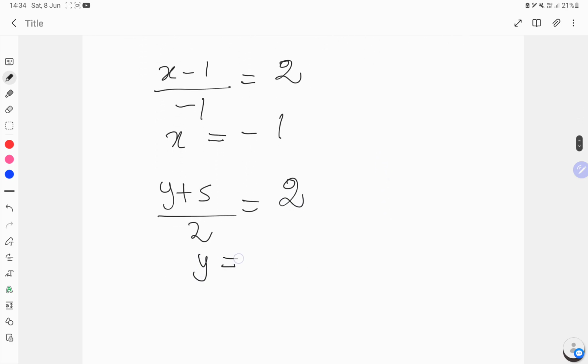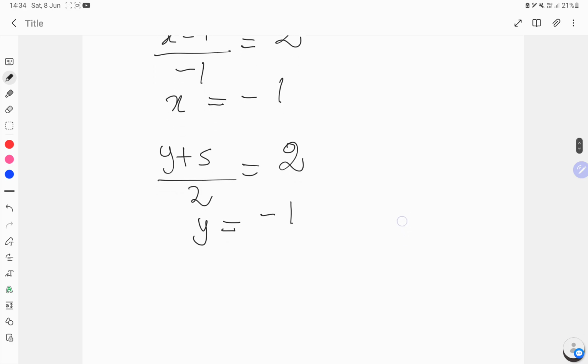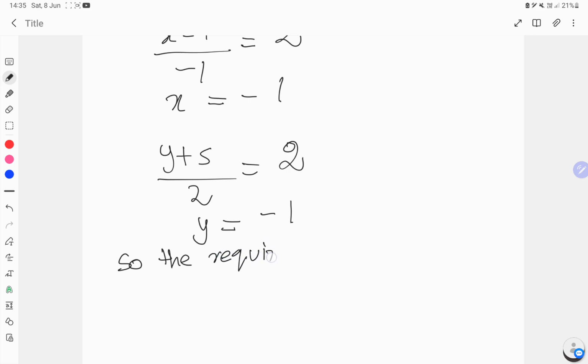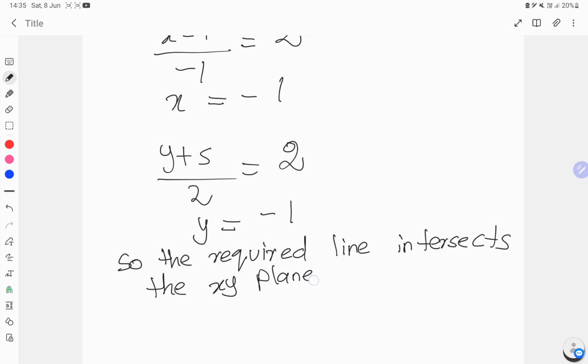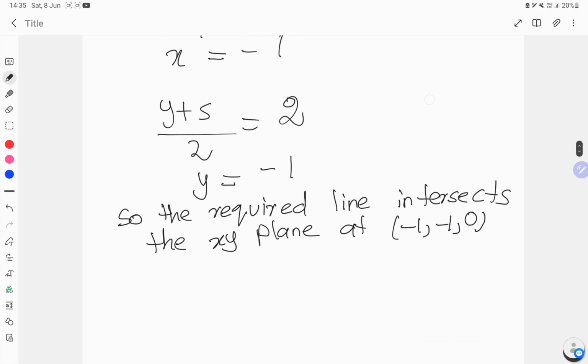Therefore y equal minus 1. So the required line intersects the xy plane at x equal minus 1, y equal minus 1, z equal 0.